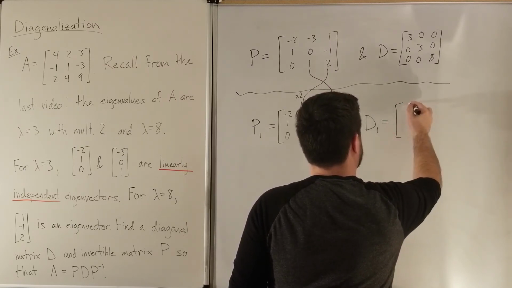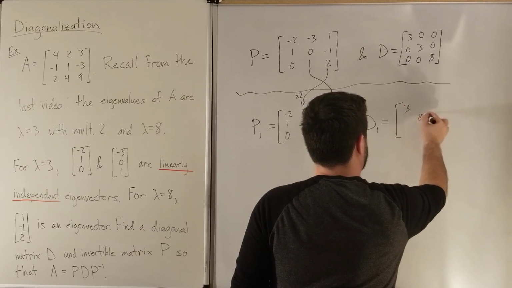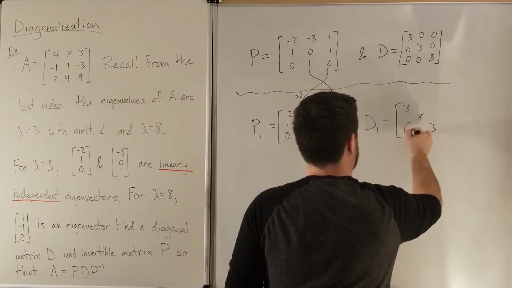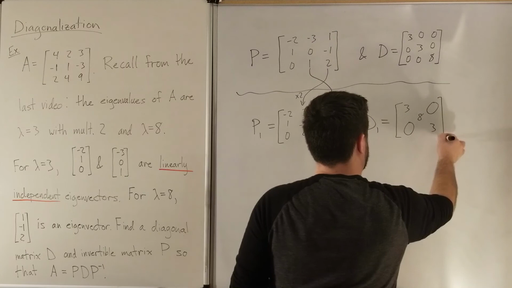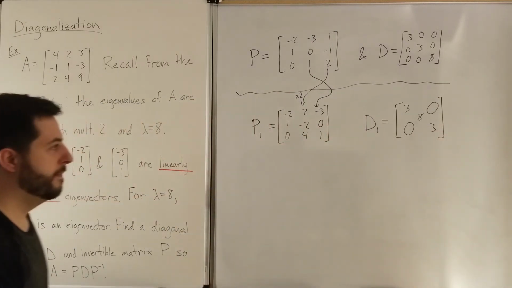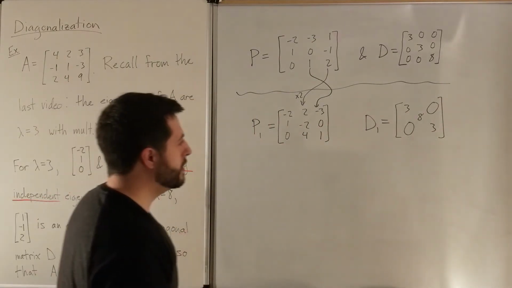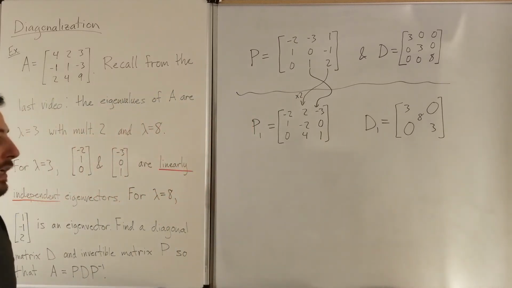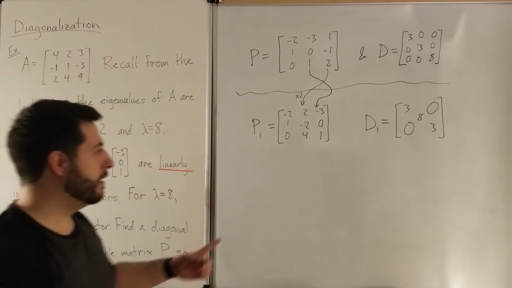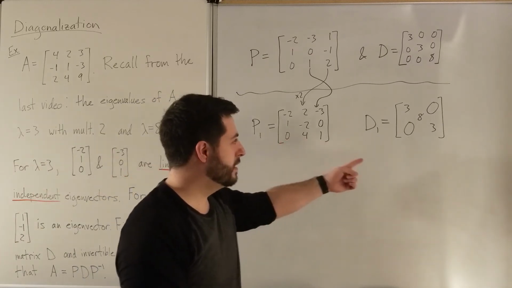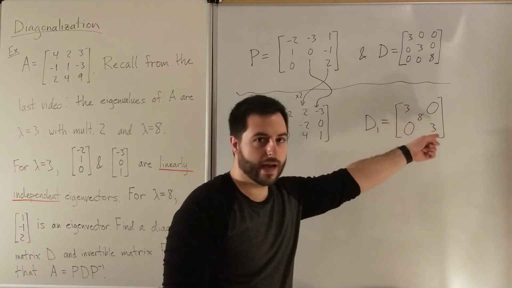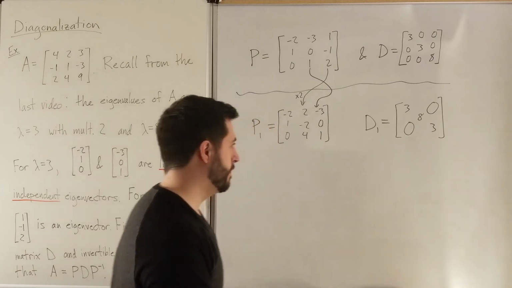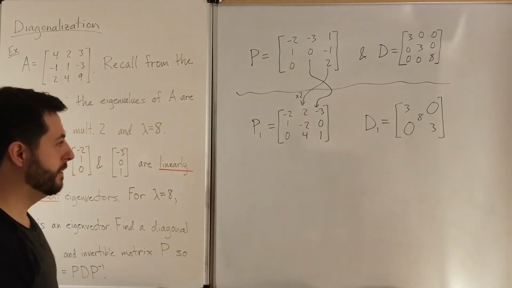So our diagonal matrix is now going to be 3, 8, 3. There's lots of ways we could change this. Just to note, the answers for these problems are not unique, but they all involve 3 eigenvectors and 3 corresponding eigenvalues in the correct order, whatever order you chose for this.